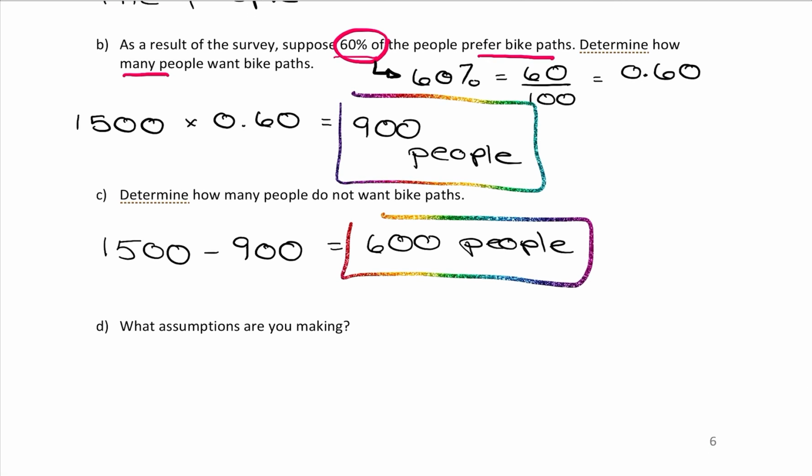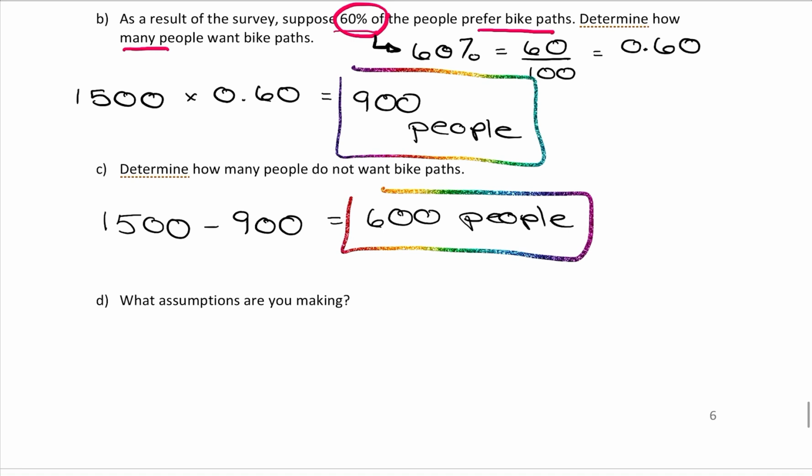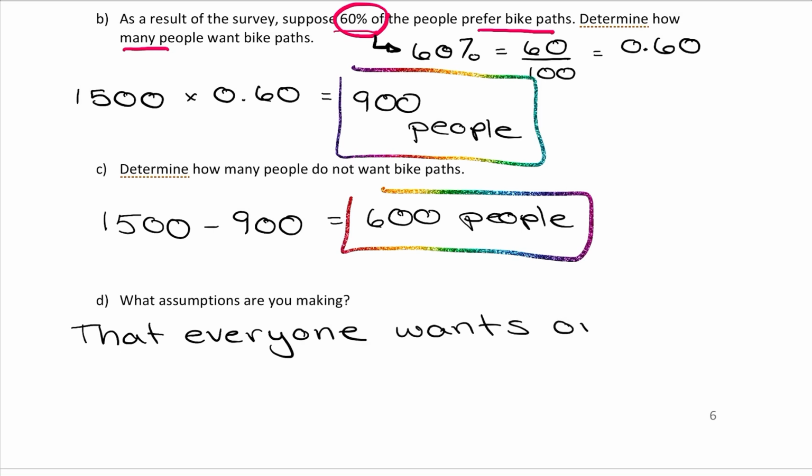What assumptions are you making? Well, in this case, we're assuming that people either want a bike path or a walking trail, but maybe some people want neither, or maybe some people want both, and we haven't accounted for that. So what assumptions are you making?